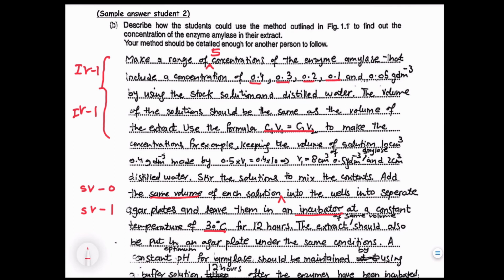Then another point about the timing, the student is awarded another mark. And you realize that putting under the same condition is a very vague statement, so no marks will be awarded.